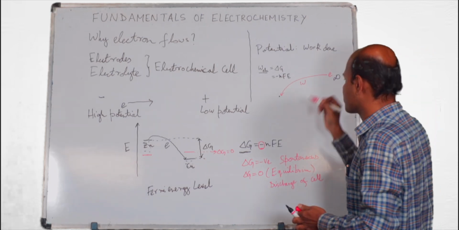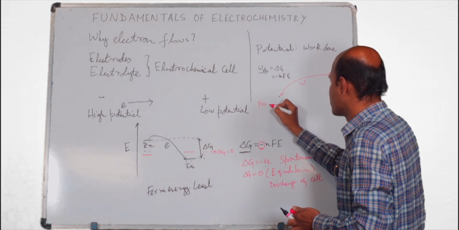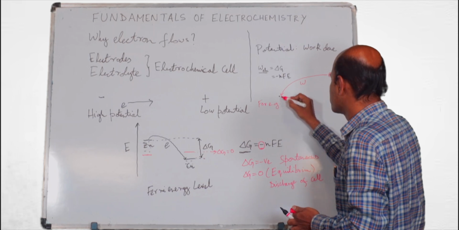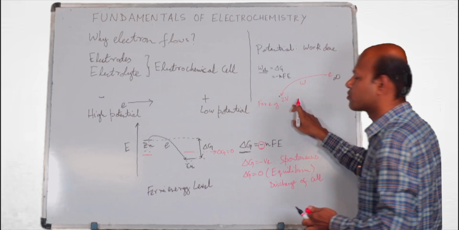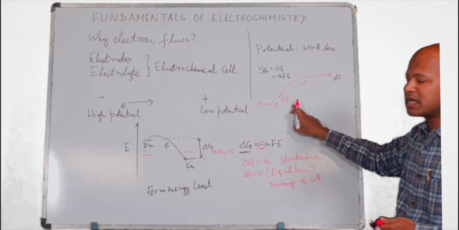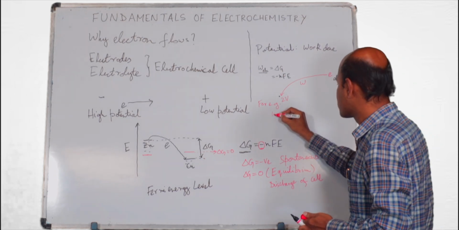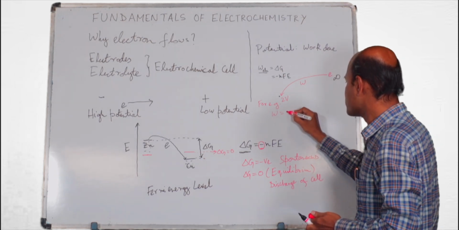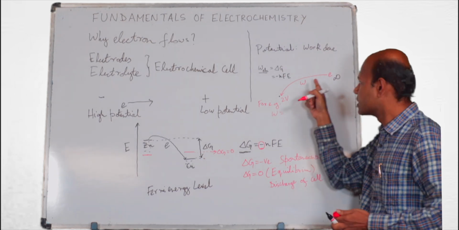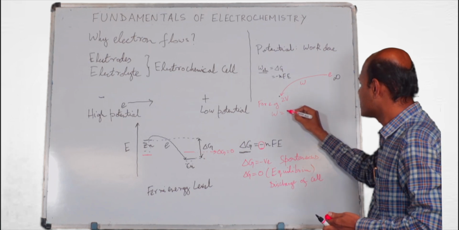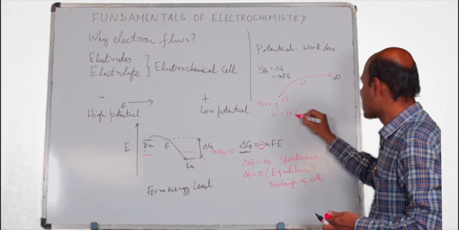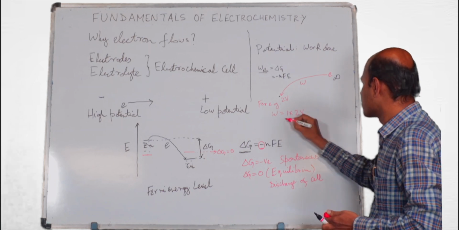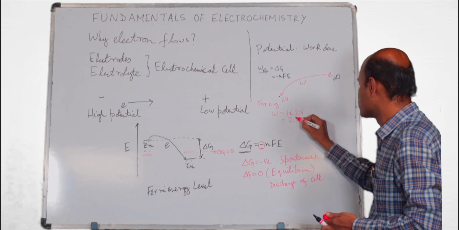So if I say, for example, my potential here is 2 volts, what do you mean by the statement? It means the amount of work for bringing this unit charge is 1 coulomb into 2 volts, so this is 2 joules.